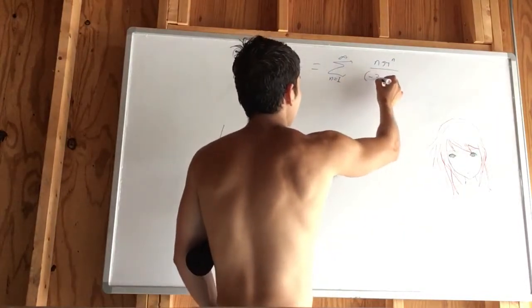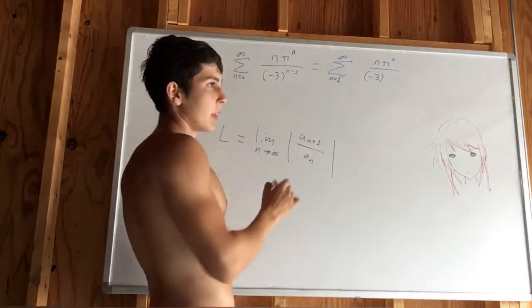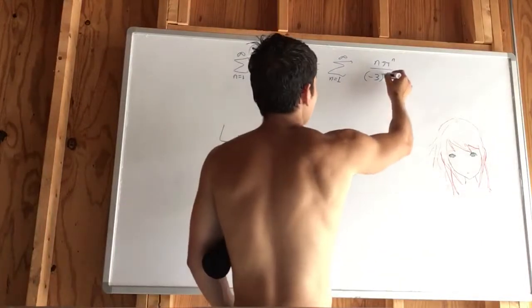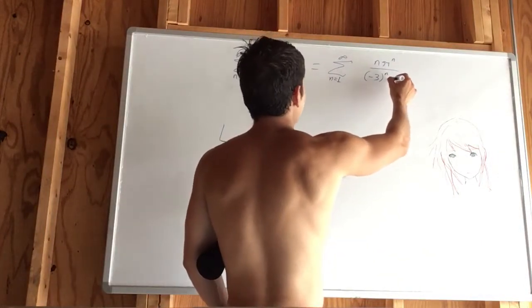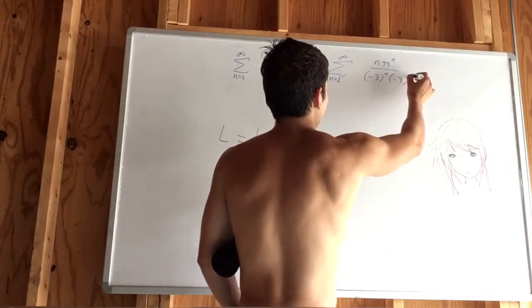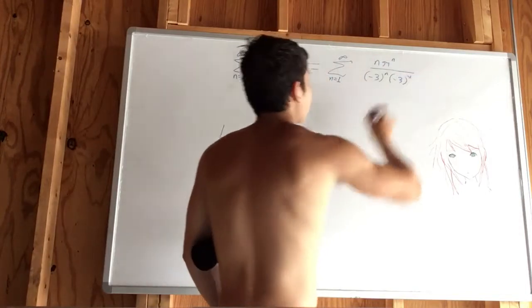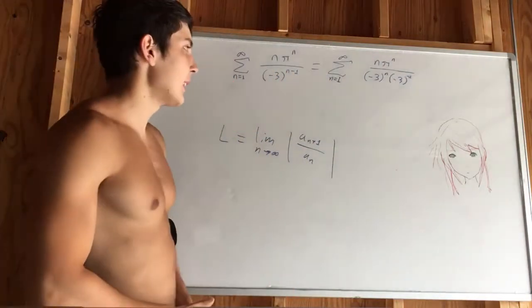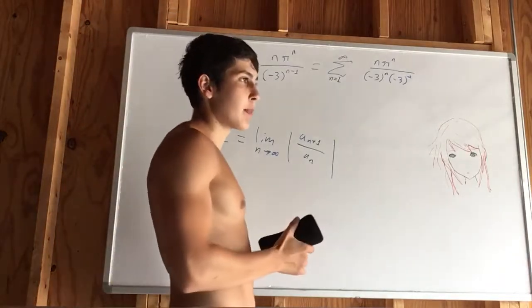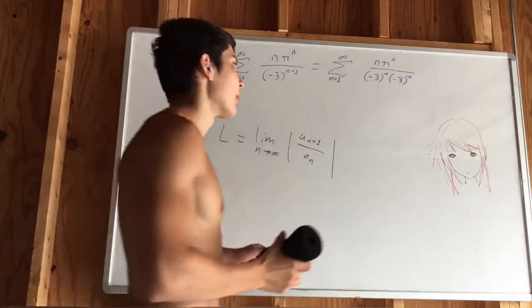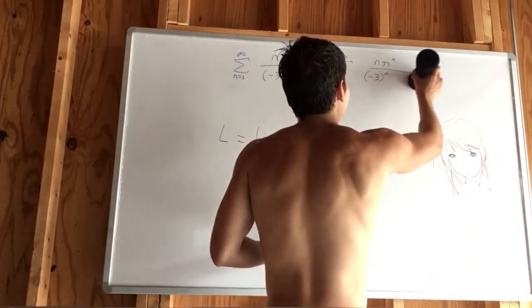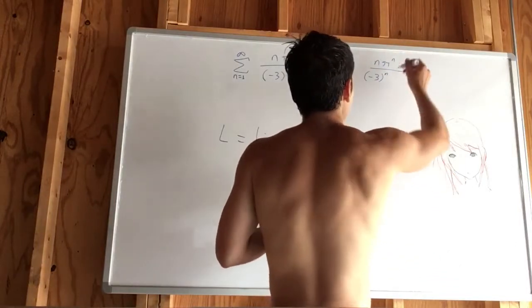Here we notice that we can use some exponent properties. So this is negative 3 to the power of n times negative 3 to the negative 1. Negative 3 to the negative 1 is the same thing as bringing negative 3 into the numerator.